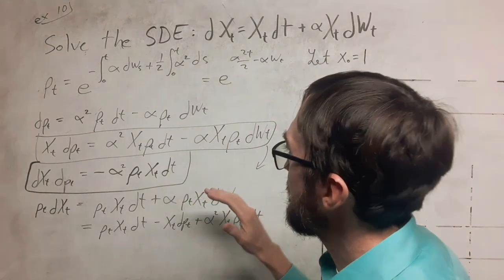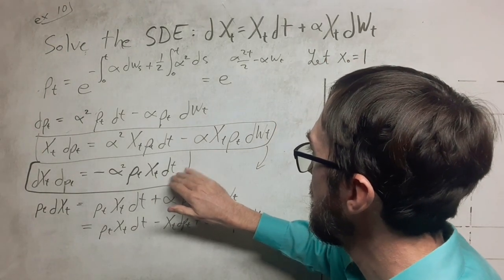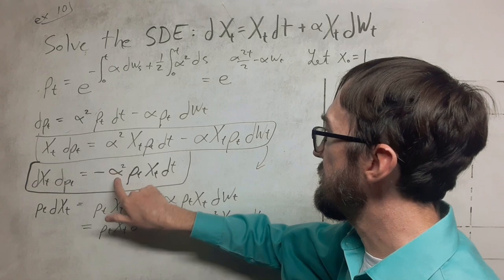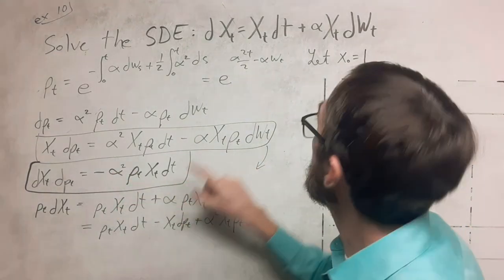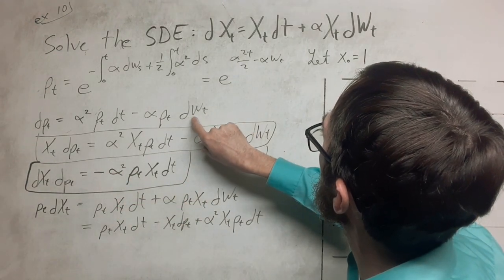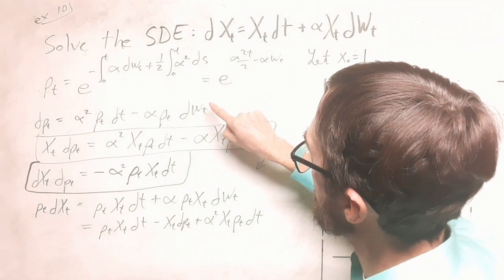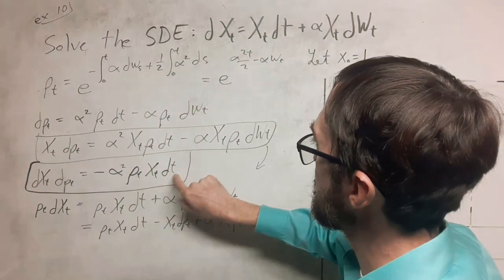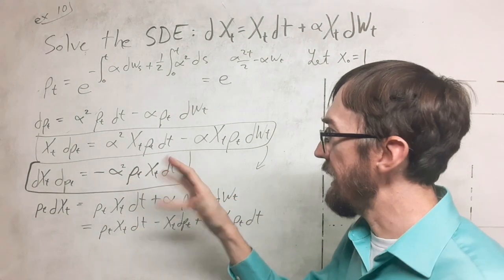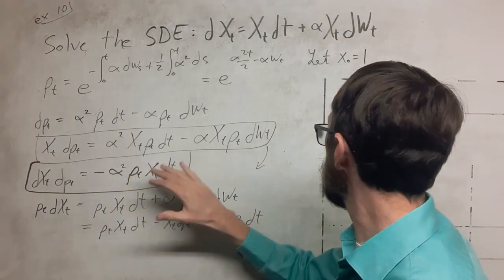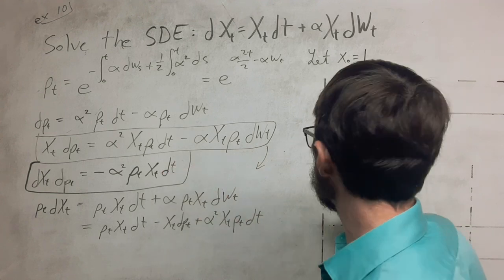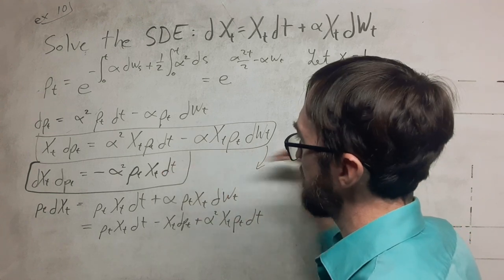All right, I had to go back and review this calculation. I had missed that this term should be squared, and that I had the dw sub t times dw sub t, which those terms multiplied together gives me dt. So I actually had two mistakes here, and it probably wasn't when I transferred it.